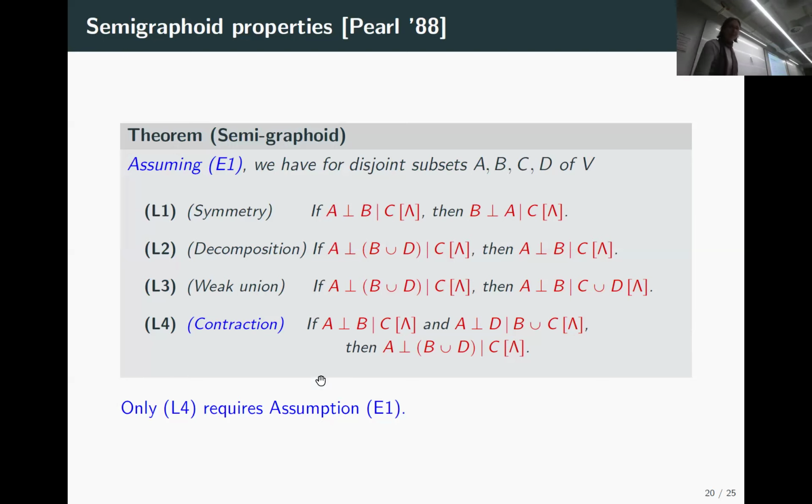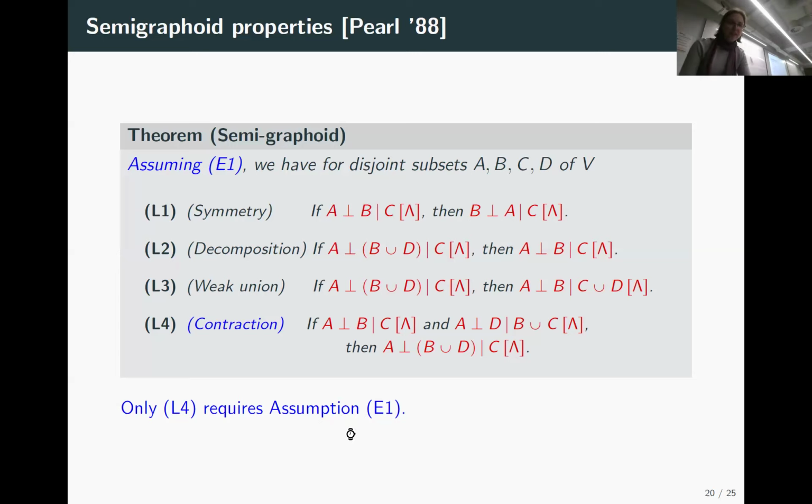This is the only one that needs our explosiveness condition. The other ones are quite easy because they are just inherited from the classical notion of conditional independence. But the one that took us quite long to understand is the last one, and that really needs this explosiveness assumption.